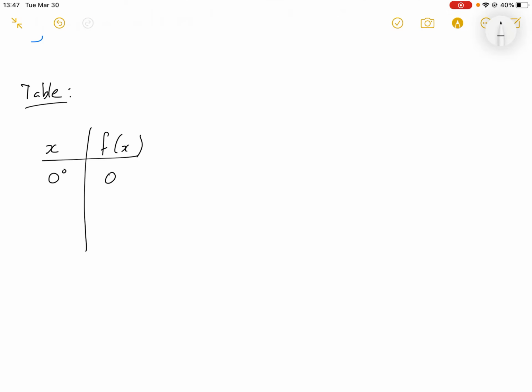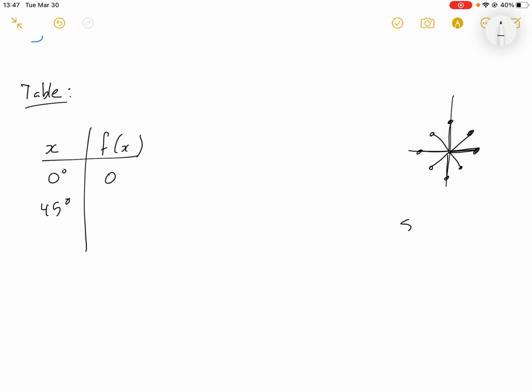Good start. Sine of 0 degrees is 0. And then let's go ahead and pick a couple other points on our unit circle. So I started here at 0. I'm going to go up to 45, and then we'll hit 90. So we'll just kind of go around this unit circle like this. And then we'll head back to our original. So let's go with 45 degrees.